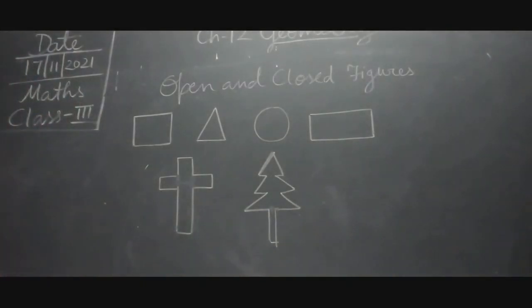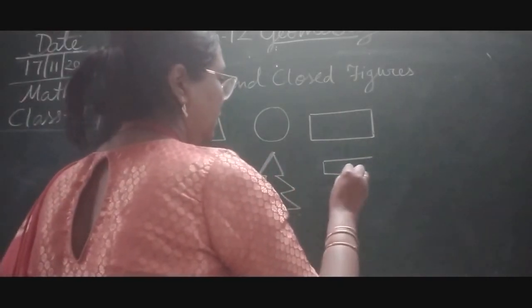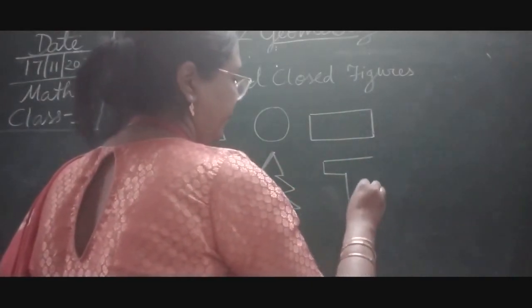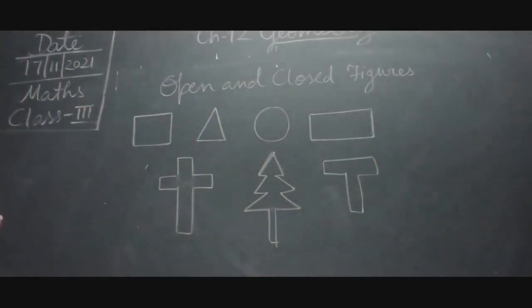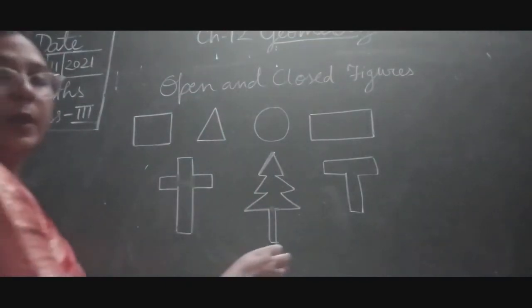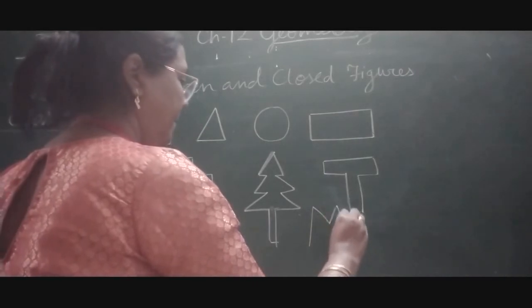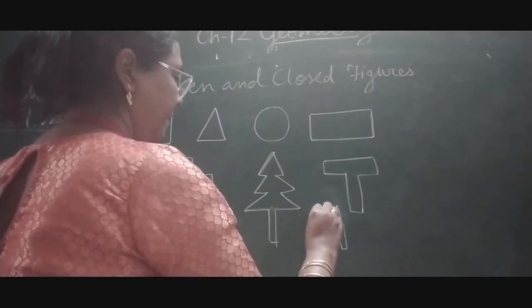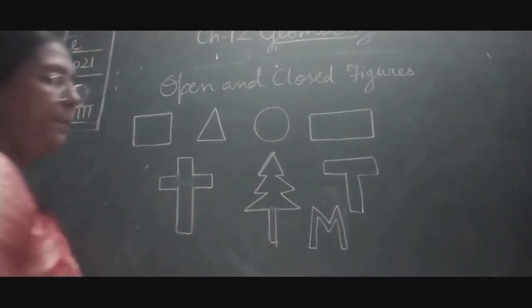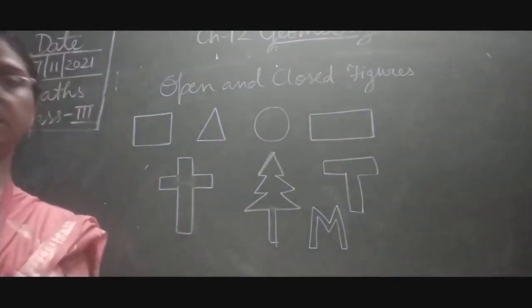Now next, we will draw T. This type of figure is called a closed figure. Now M. This is a closed figure. These types of things are closed figures.